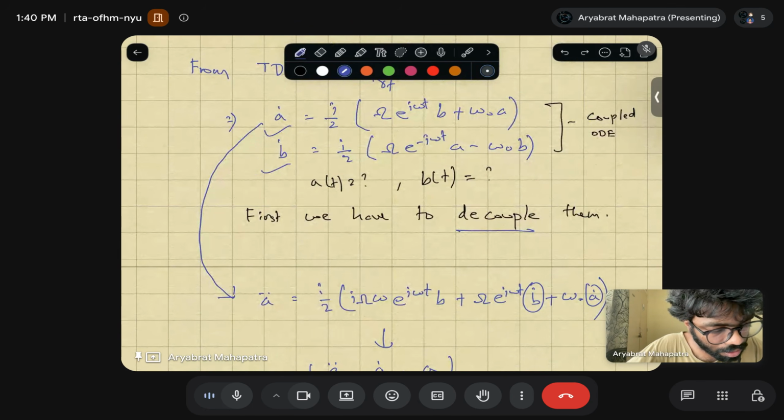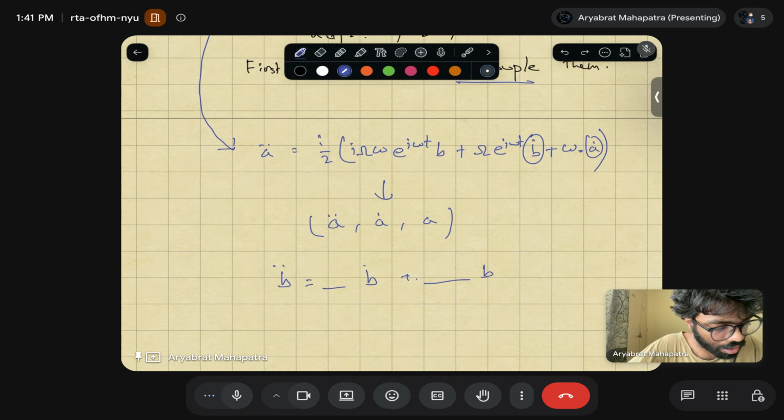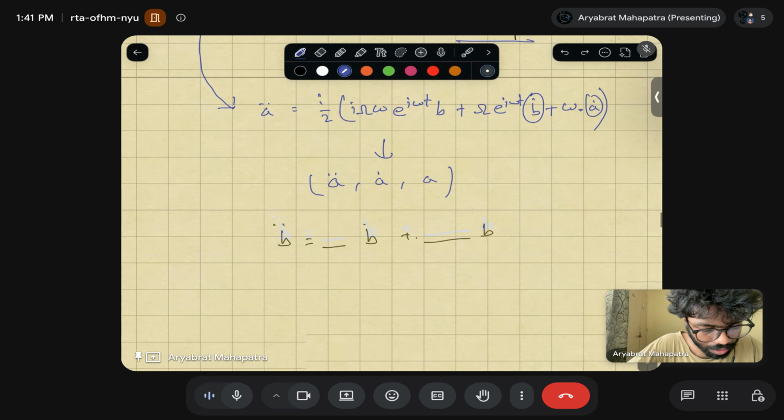So basically you take the derivative and then you use the expressions of A dot and B dot again once more in the A double dot equation. Then you will find that you can decouple everything. Everything in this differential equation will convert into terms of A double dot, A dot, and A. Nothing will remain in B. That is what I mean by decoupling.